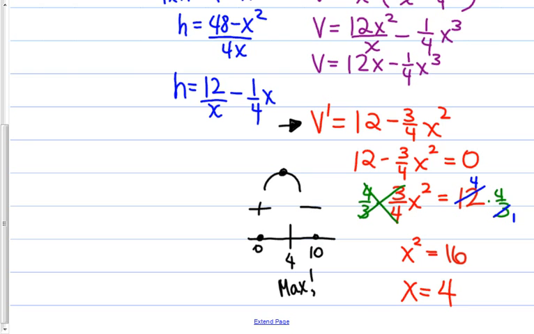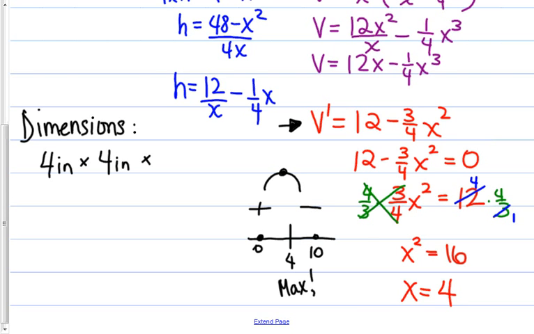And my dimensions are, remember, it was x times x times h. So x is 4, so 4 inches times 4 inches times h. I actually need to find h.